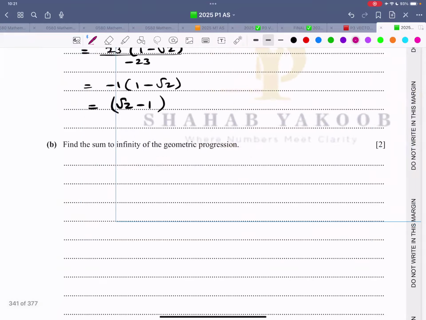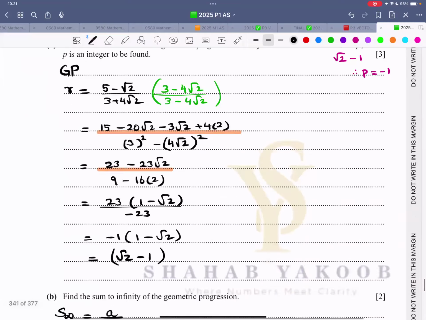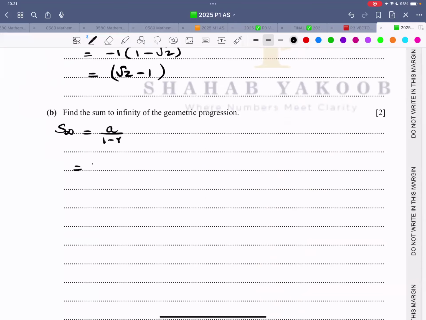Find the sum to infinity of this progression. Now, in order to find sum to infinity, that is a over 1 minus r. What is a? A is 3 plus 4 root 2. That is (3 plus 4 root 2) over (1 minus r). So this is 1 minus (root 2 minus 1).